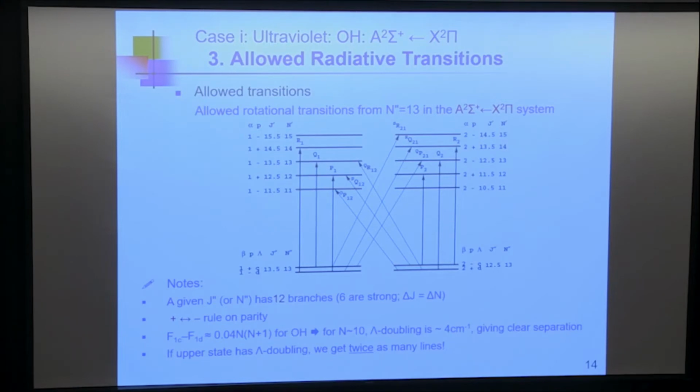Okay, allowed transitions. If you're looking for the transitions between a given n and upper states, there would be 12 possible transitions. But forget the ones in the middle. There are 3 strong ones from each of the betas.